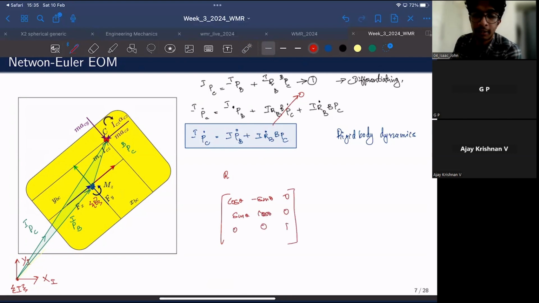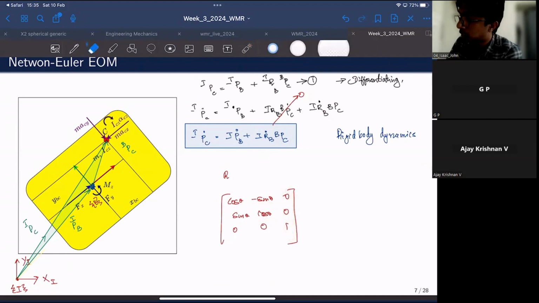This is an orthonormal matrix because its transpose is also its inverse, and the norm of each of these columns is 1. This will be cos square theta plus sine square theta, that is 1. This is sine square theta plus cos square theta, that is also 1. And the magnitude of this one is also 1.